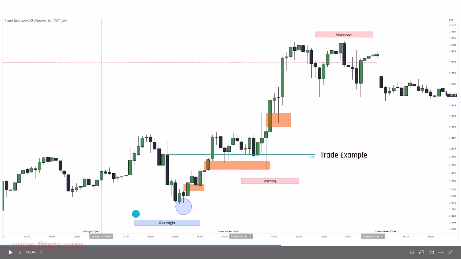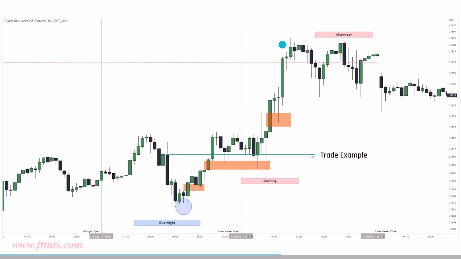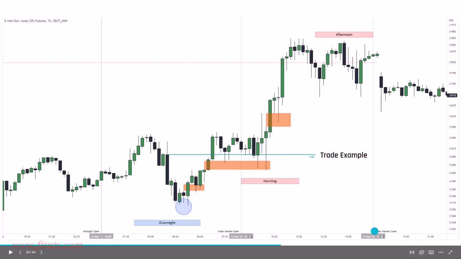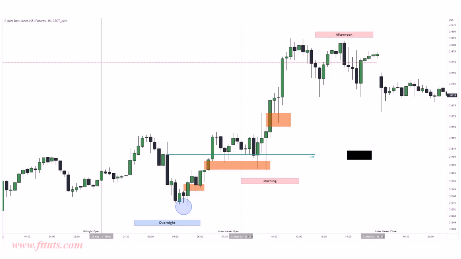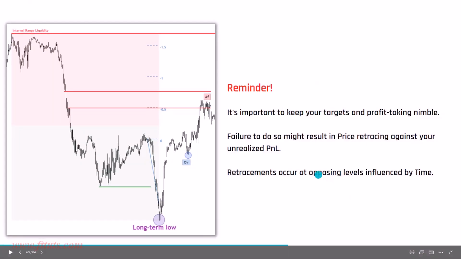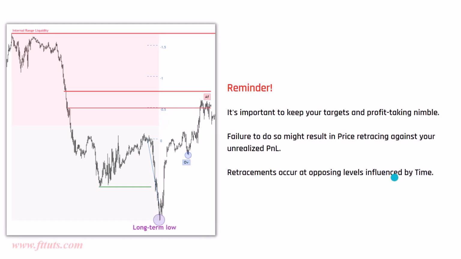If it was pretty early, we can expect expansions. But when the daily close is about to come up, professional traders are looking to exit positions. And where's the most logical area to exit? Opposing levels, influenced by time. Why time? Well, we're about to close the day at a resistance level. So that's time and price.